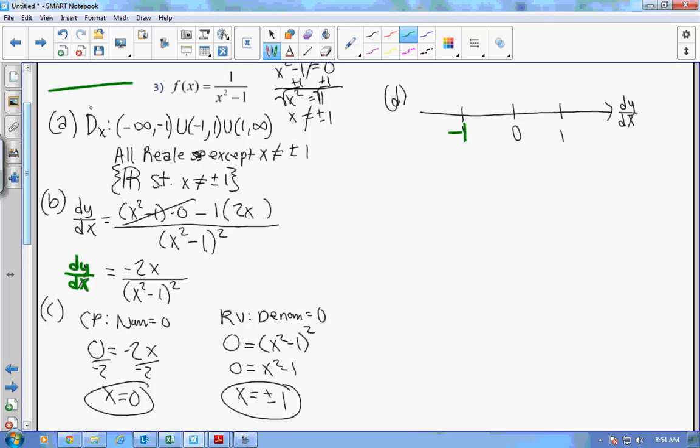Here's negative 1, here's positive 1. So it'll be positive and positive, but if we plug in, say, 0, 1 divided by negative 1 is negative 1. So we'll have a little bit of decreasing in there. So it goes positive, negative, oops. So this is off of f prime. So this one is increasing, increasing, decreasing, decreasing.